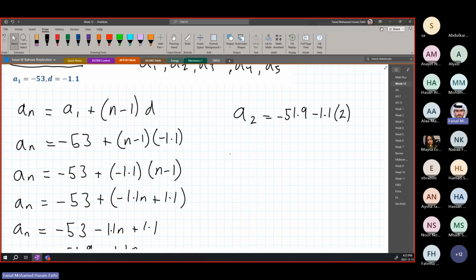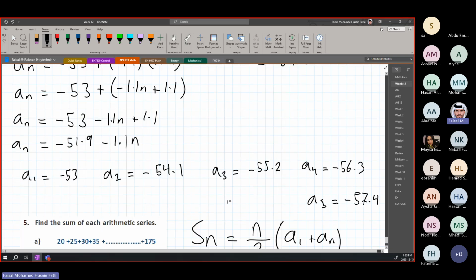What's our n? 2. This is minus 51.9 minus 2.2. If you put this in a calculator, minus 51.9 minus 2.2 is equal to minus 54.1. That's how. I use the table method to solve this. Okay.